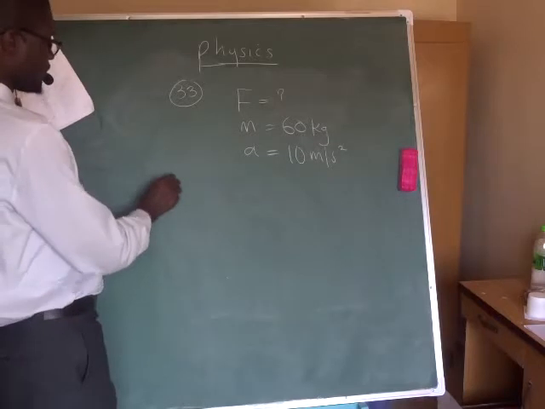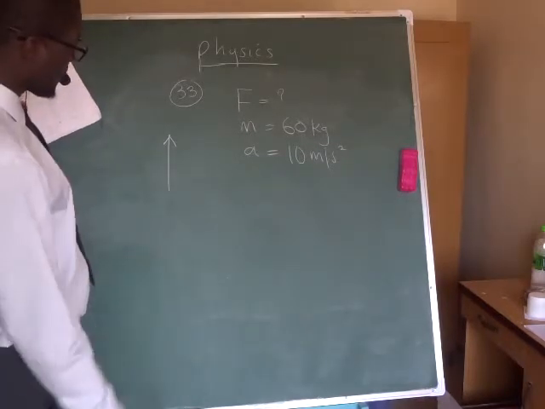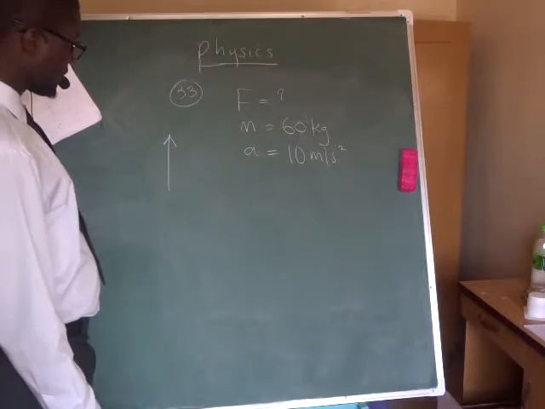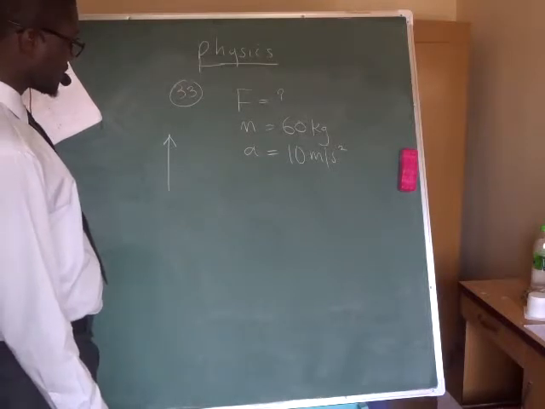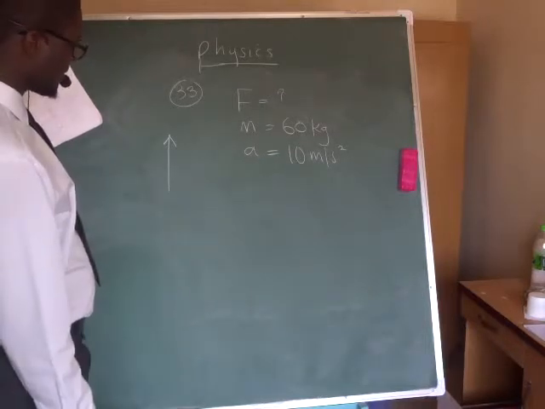We are looking for force. So this body is moving vertically upwards, and we're looking for the force that will give it an acceleration of 10 meters per second squared.